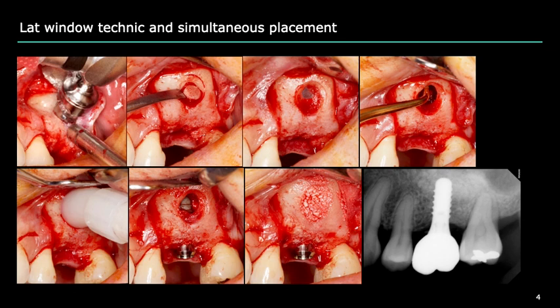So if something is wrong, you can go and handle it. Besides the clinician's training background, choosing one approach, patient discomfort often deters the choice of lateral window. So we usually talk about patient discomfort and post-operative complication when we go for a lateral window technique.